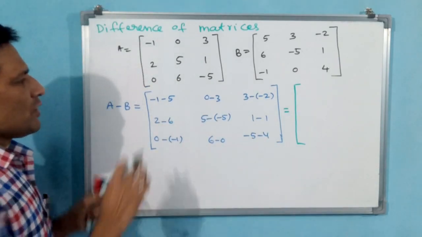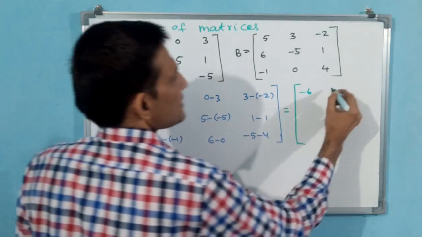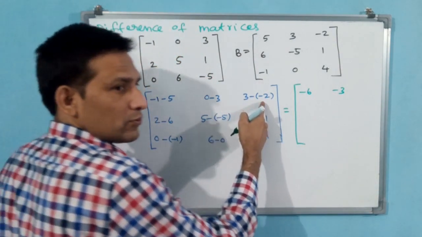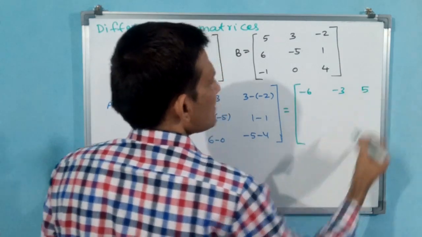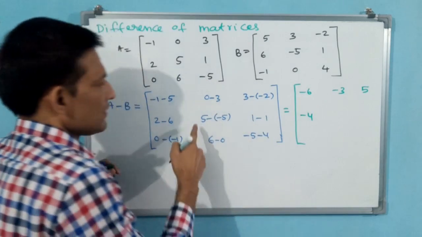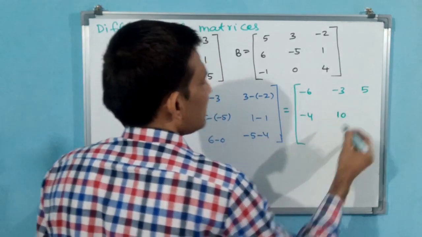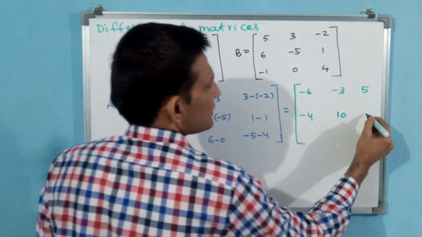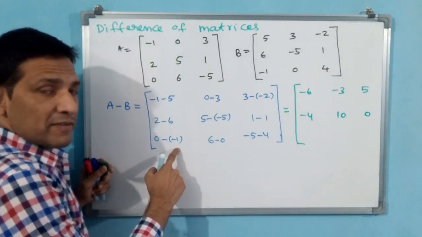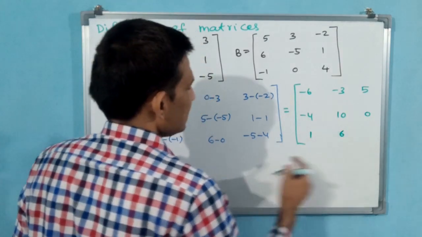Okay. You see, minus 1 minus 5 is minus 6. 0 minus 3 is minus 3. 3 minus of minus 2 is plus 2, 5. 2 minus 6, minus 4. 5 minus of minus 5, 5 plus 5, 10. 1 minus 1, 0. 0 minus of minus 1, 1. 6 minus 0, 6.